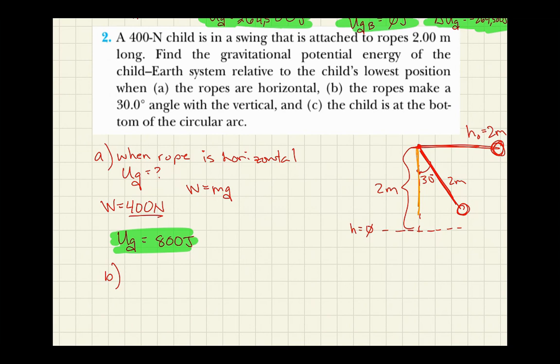So this length here is 1.73 meters. That is not the height. The height is this remaining piece. The height is going to be the 2 meters minus that 1.73. So the actual height here is 0.27 meters.